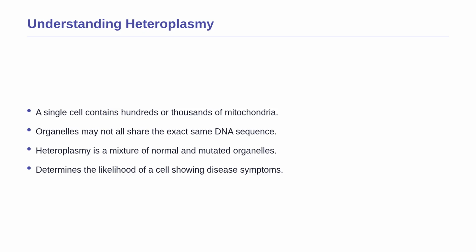Understanding heteroplasmy is vital because it determines how likely a cell is to actually show symptoms of a mitochondrial disease. If the proportion of mutated organelles is low, the healthy ones can compensate. But if the mutated ones multiply and cross a certain threshold, the cell's energy production fails and disease symptoms appear.